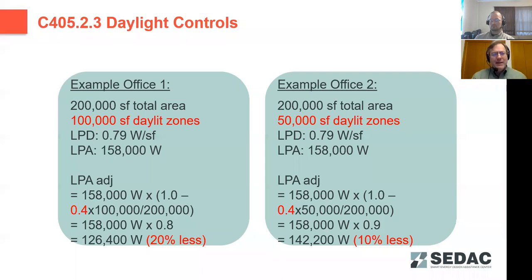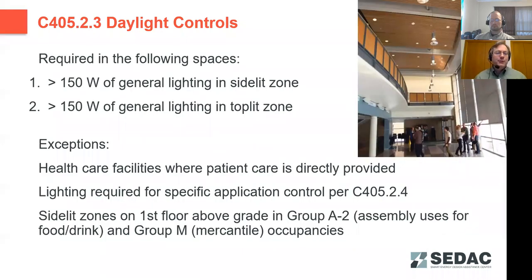So if I'm not able to get below that threshold, then I need to look at where I need daylight controls. You need to have at least 150 watts of general lighting. This could be one or more fixtures in a space. Then if I'm over 150 watts, I need to have daylight controls.